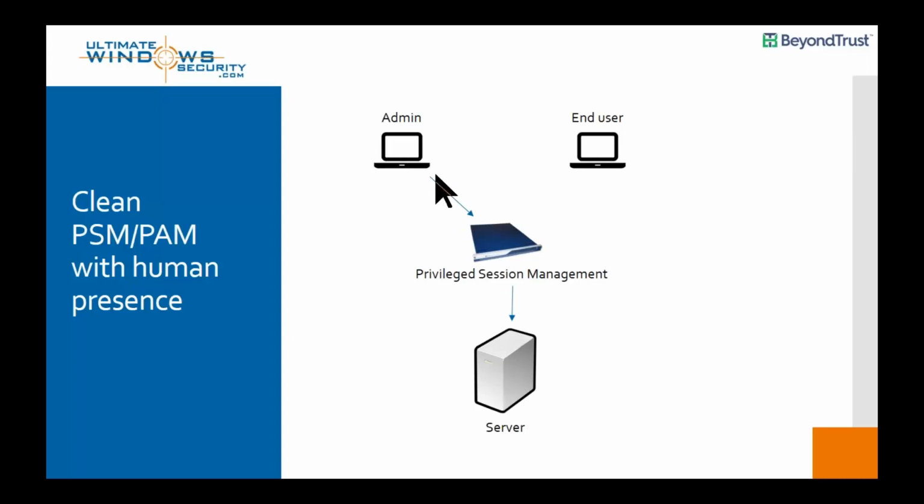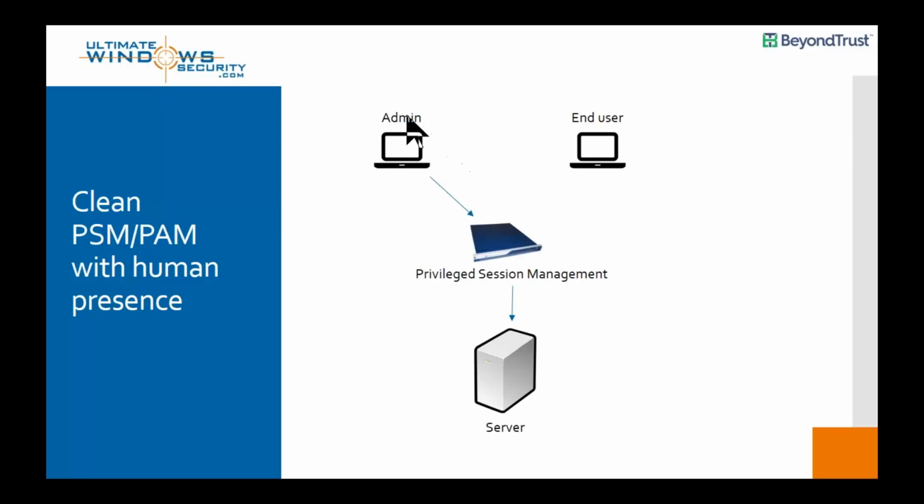And the key thing here is the admin, the human, and the admin's workstation, whether it's a clean workstation or a dirty workstation, just does not directly touch the server in question. And the password is not known or revealed to either the admin or the admin's computer.